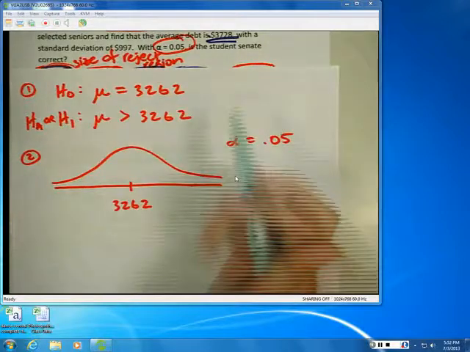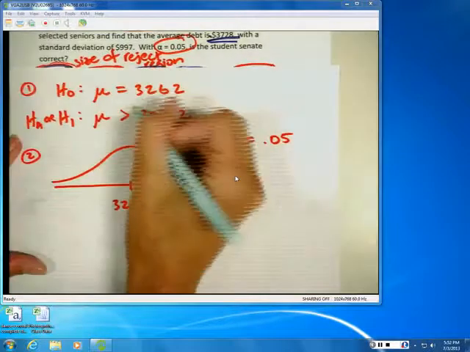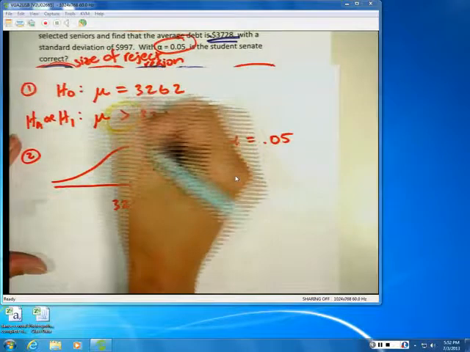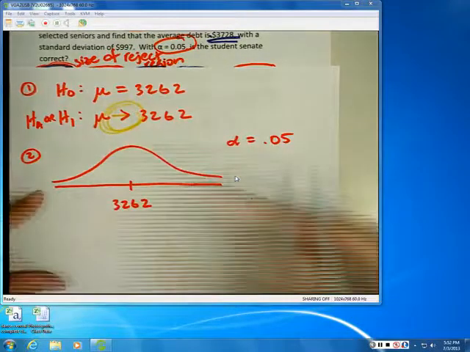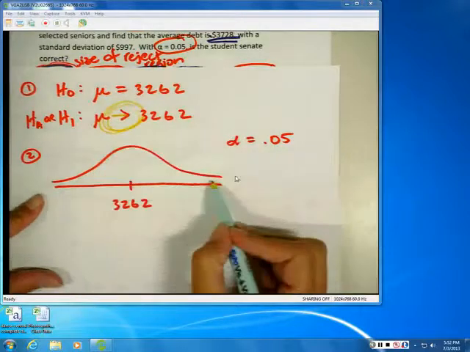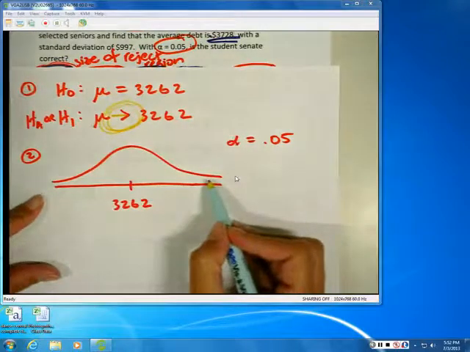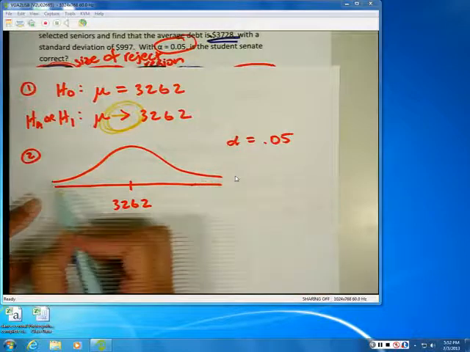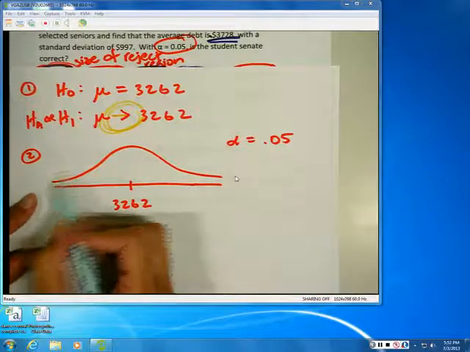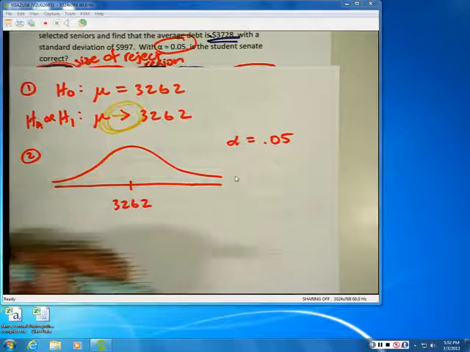If you take a look at your alternative hypothesis, think of it as an arrow, and this arrow points to the tail. It's going to point me to a tail on the right. Significantly more would be over here on this side. If it was a significantly less, I would shade in this side, but this one's a significantly more.